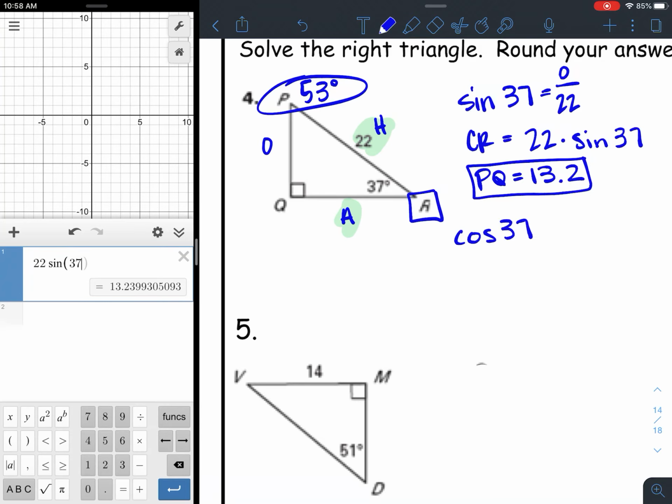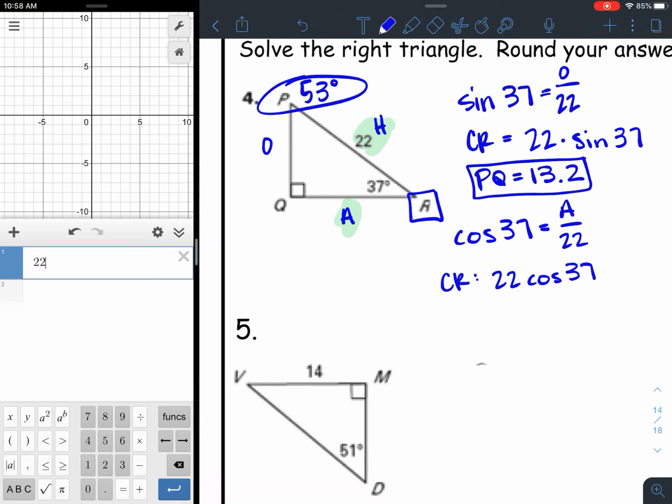Cosine of my 37 degree angle is equal to the adjacent over the hypotenuse, 22. So calculator ready, this is going to be 22 times the cosine of 37. 22 cosine 37 gives me a measure for QR of 17.6.